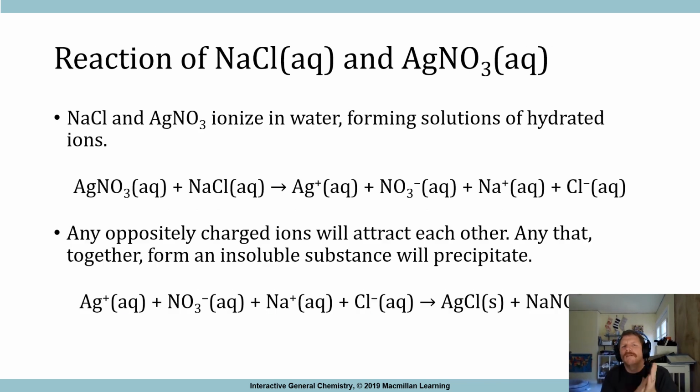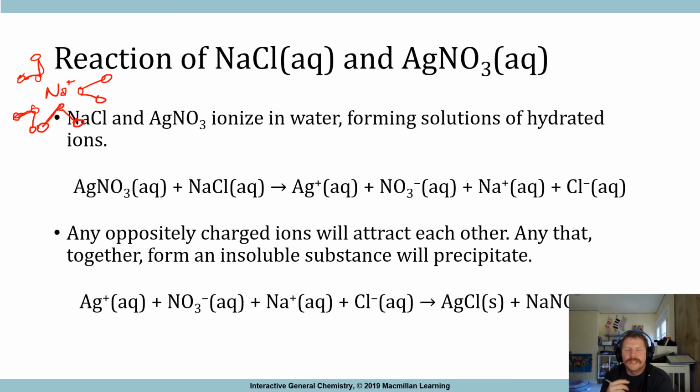So if you had, for instance, sodium chloride and silver nitrate, those are going to ionize in solution. And they're going to form hydrated ions, so that means those individual ions of Na+ floating around with a bunch of H2O molecules. This is my H2O. There we go. There's another H2O molecule. And there's our fourth H2O molecule.